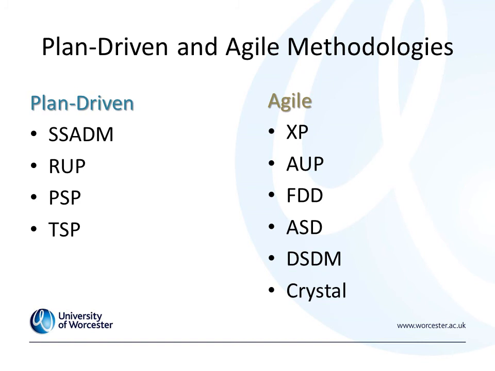You also have DSDM, Dynamic Systems Development Method, which is the UK-based one. Now, as I've mentioned before, Scrum is often put into this category, but Scrum is not a methodology. It's more a project management tool.